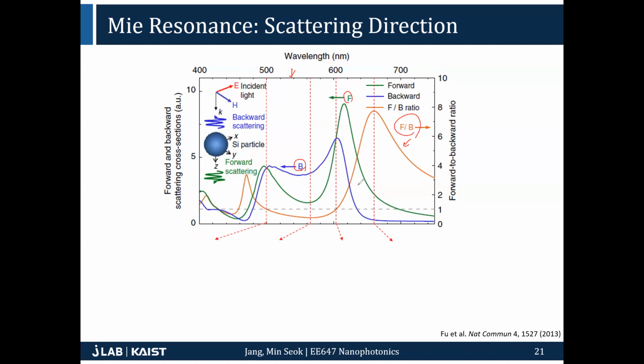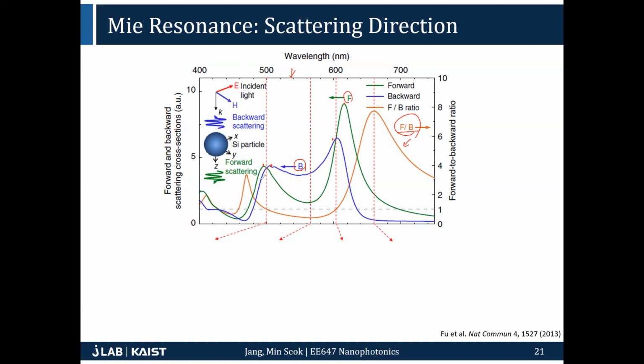But what I would like to emphasize here is that the position where the backward scattering is peaked and the position where the forward scattering is peaked is a little different, right? And because of that, if you take the ratio of forward and backward scattering, they have very different behavior.